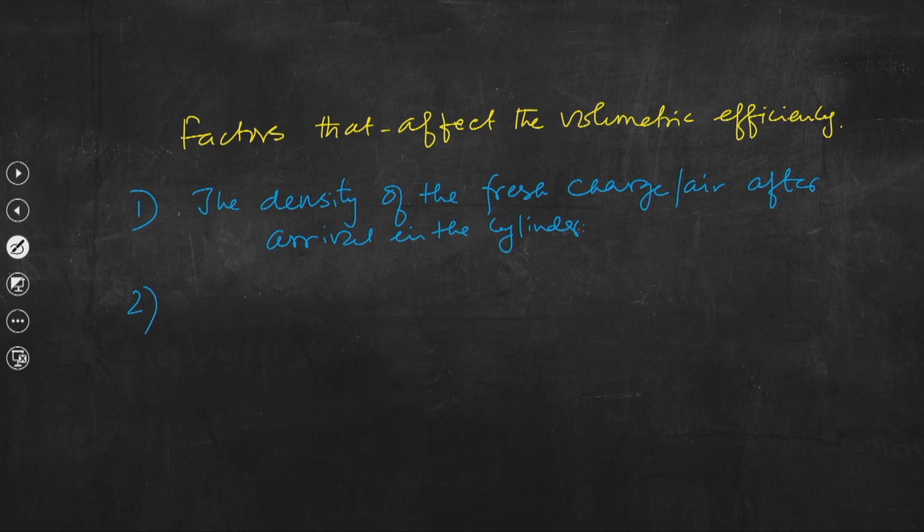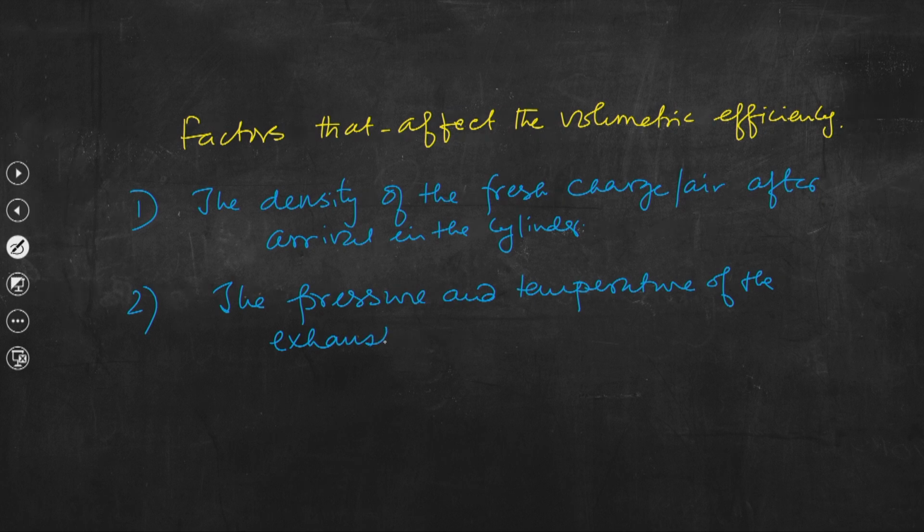Number 2 is the pressure and temperature of the exhaust product in the clearance volume.